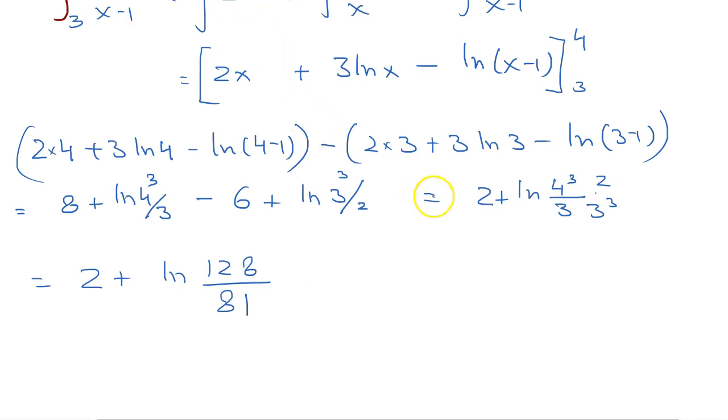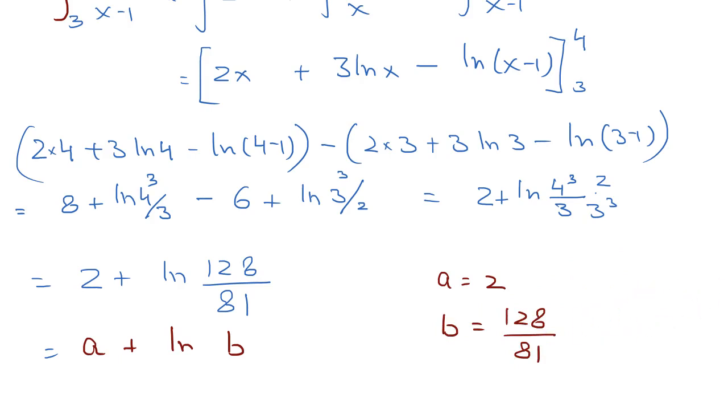Write your answer in a plus ln b. So if you compare, a is equal to 2 and b is equal to 128 over 81. B is a rational constant.